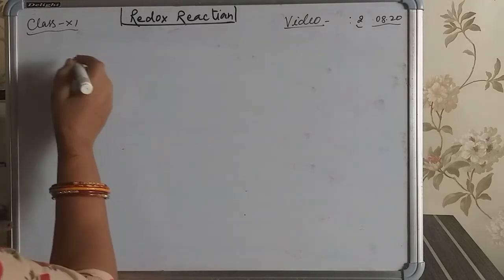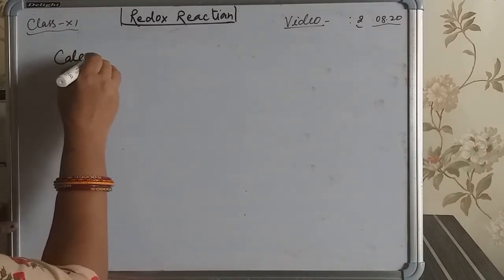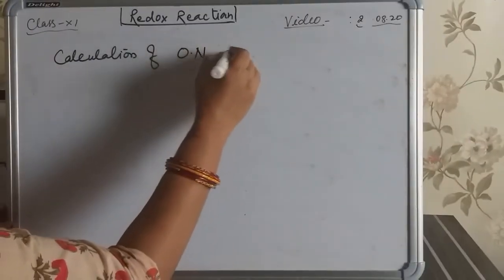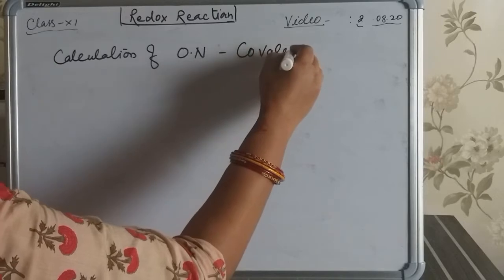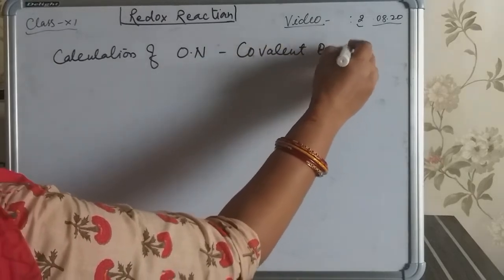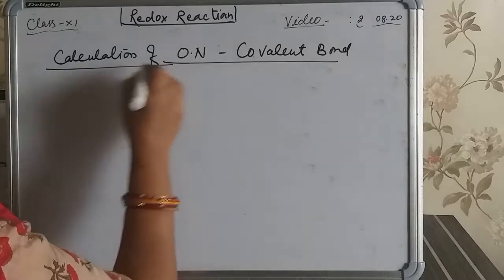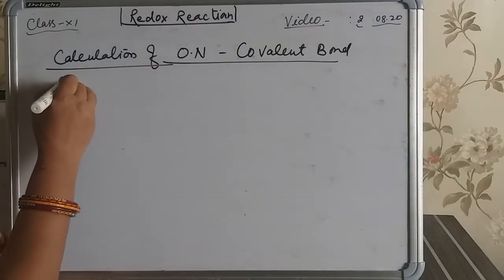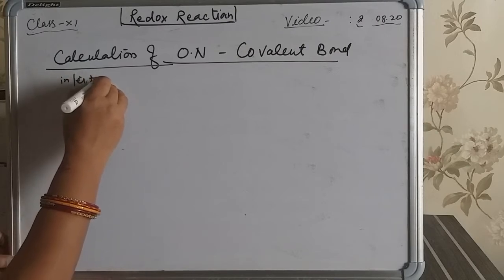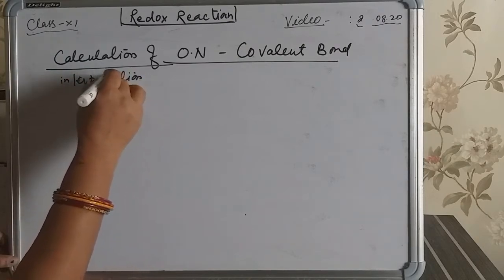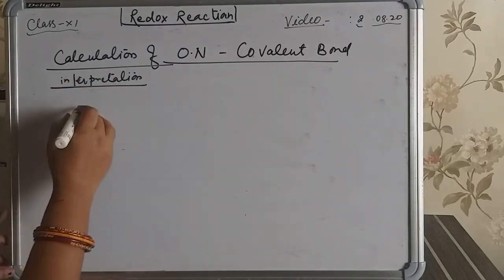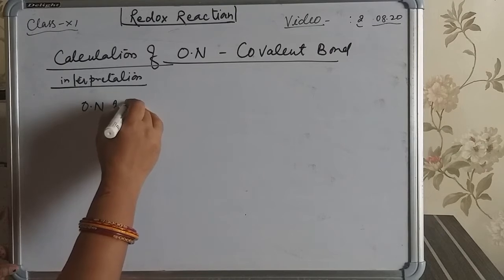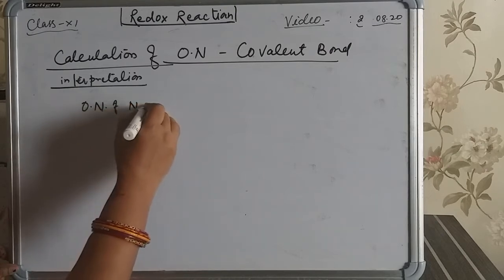Calculation of oxidation number in covalent bonds. Suppose we find the oxidation number of N in HCN.